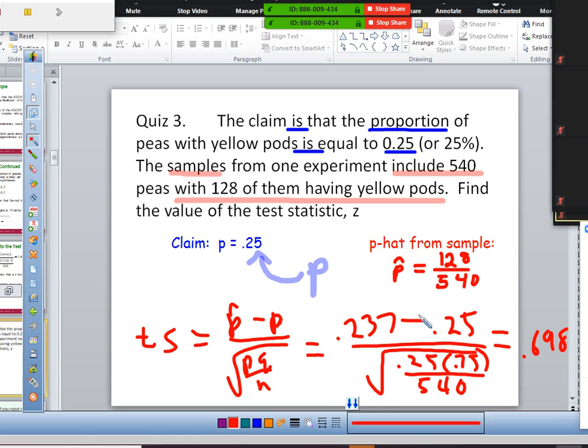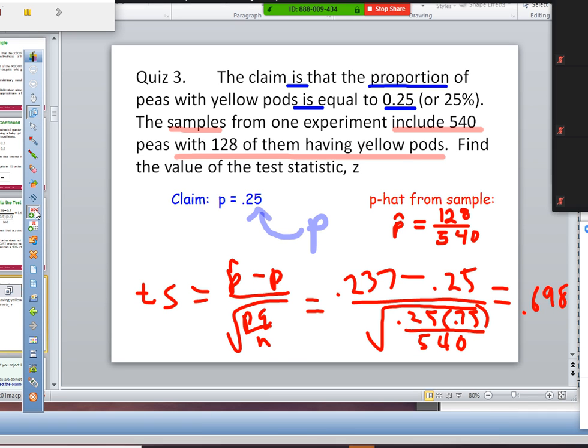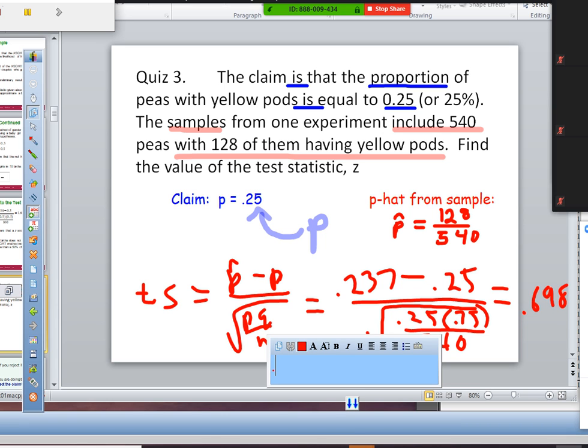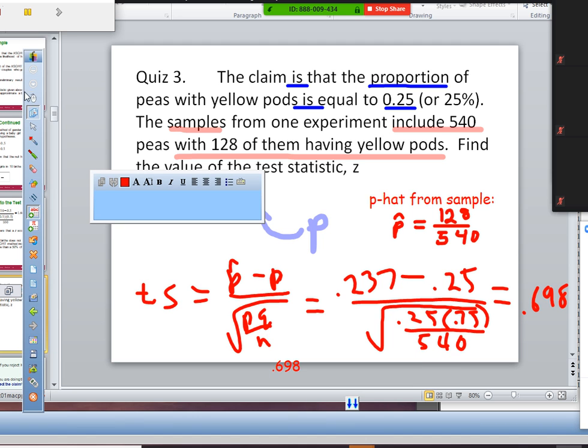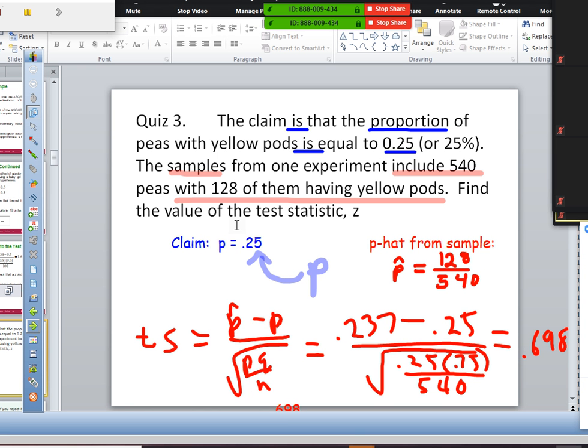Professor, I have a question. Yeah, totally. So P hat is equal to 0.237. So I thought Q would be the remainder of. Ah, right. I understand what you're saying, and that's common. The thing about it is that our H naught is that P is 0.25. And remember, we assume that H naught is true. We're assuming that our proportion really is 0.25.